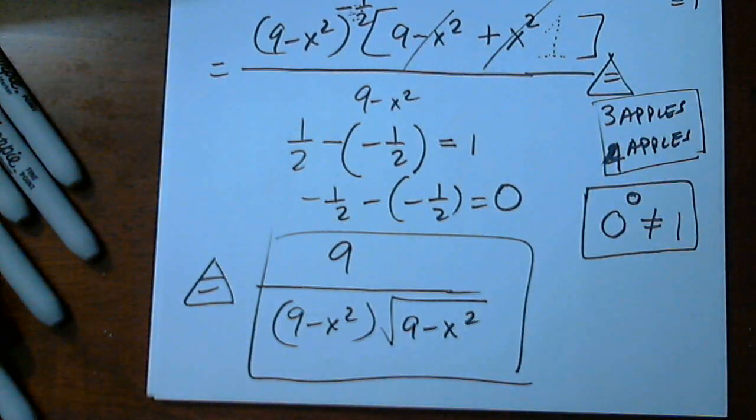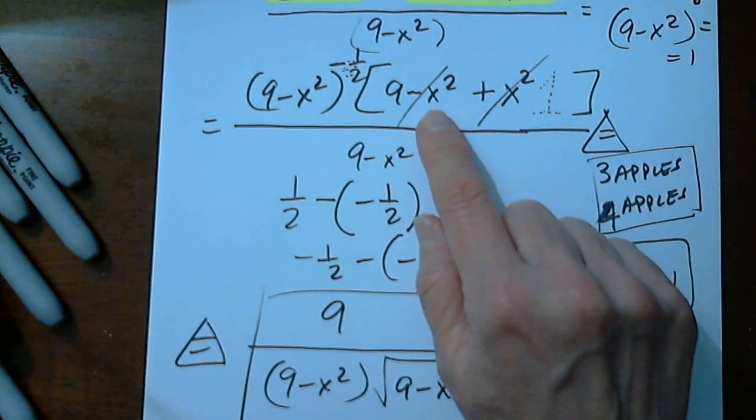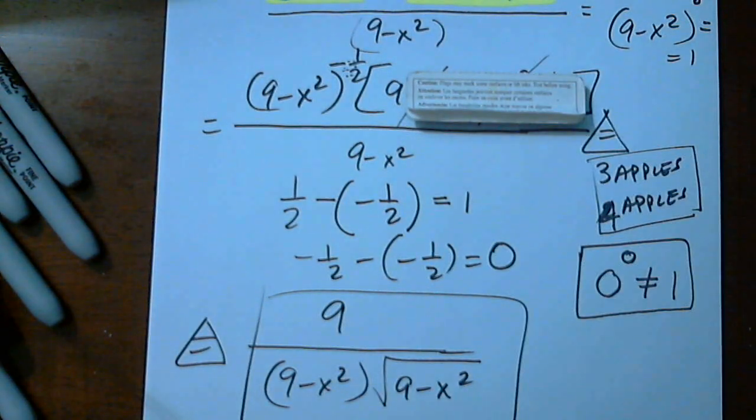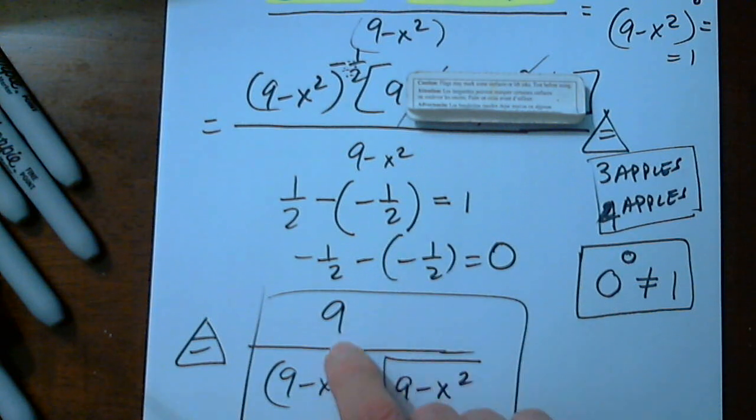Nico. I'm sorry, Professor. Can you explain how you got 9 for the numerator? Negative x squared plus x squared are gone. So 9 plus 0 is 9. Okay, thank you.